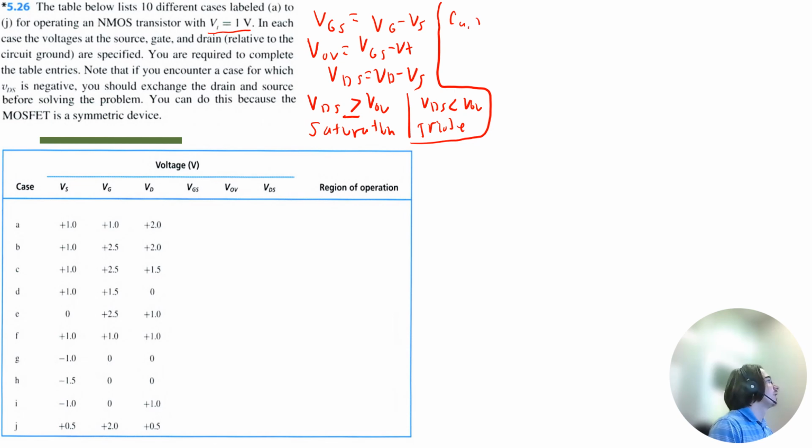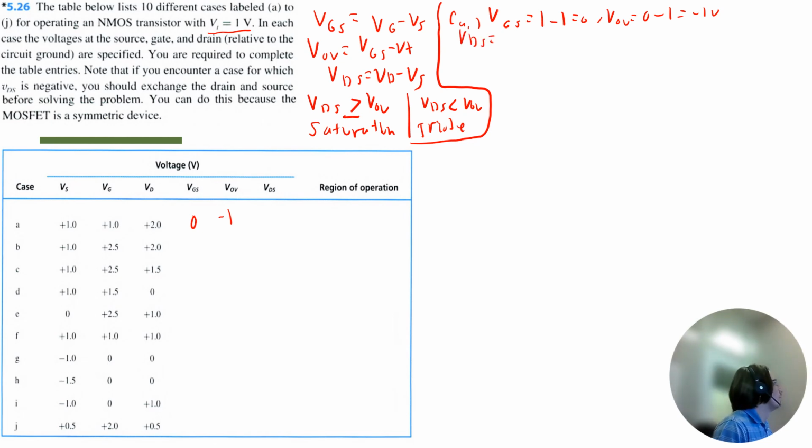So for case A, I'm going to solve for VGS, which is equal to VG, 0 volts, minus VS, 1 volt, so VGS is negative 1. That means V overdrive is equal to negative 1 minus 1, which gives negative 2.